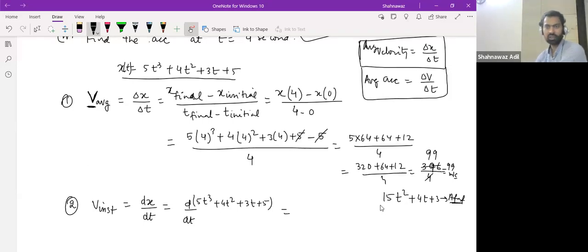Rishita, Akif, Ilham, and Amna. So 15t square plus 8t plus 3. 3t square plus 8t plus 3. And what about Akif and Ilham, Amna?